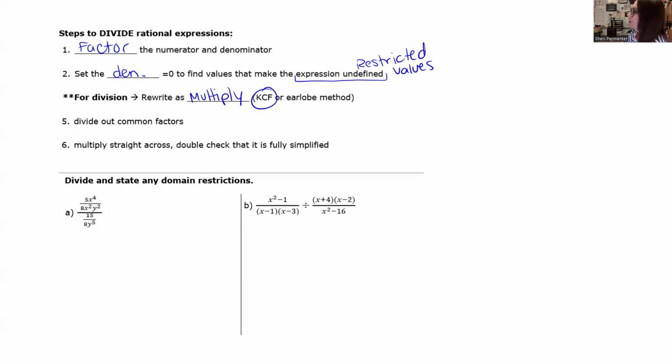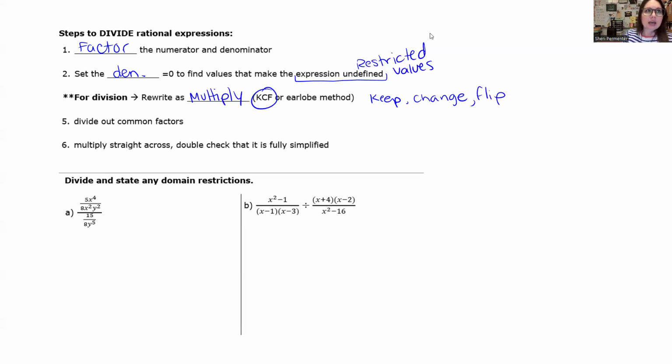And I'm mainly going to talk about keep, change, flip. So again, that's keep, change, flip. So we're keeping the top fraction, or the first fraction, the same. We're changing the operation to multiply, and we're flipping the second fraction.